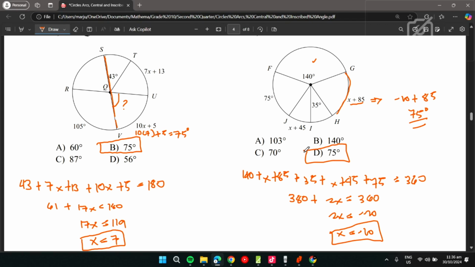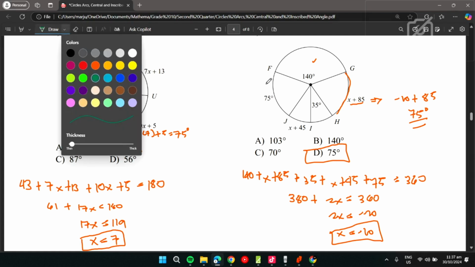Yung sa iba, wait, hindi ko nakita. Let me see. Arcs F. Take a look at arc F and G. Asan yan? F, G. Ito? Do you mean this?